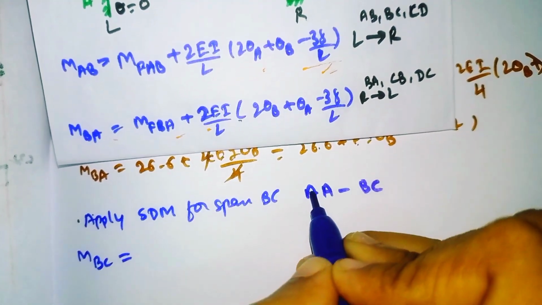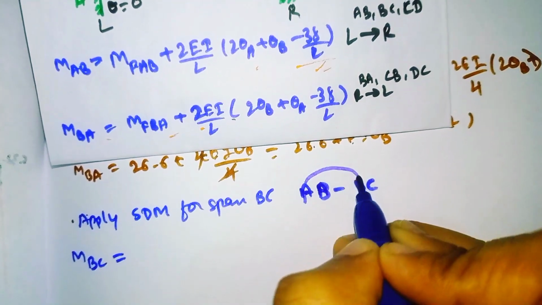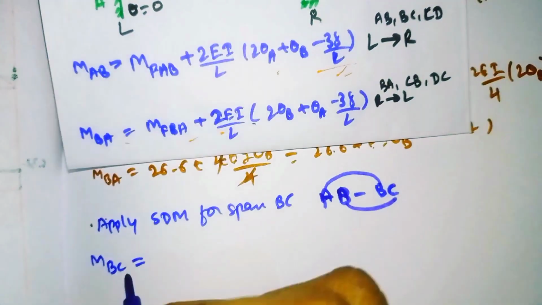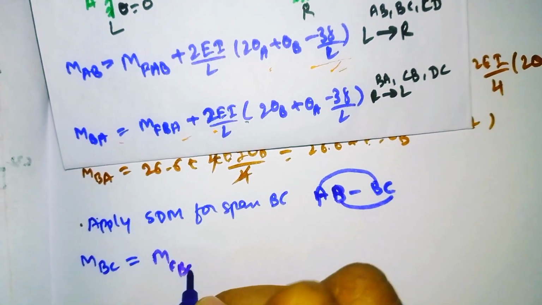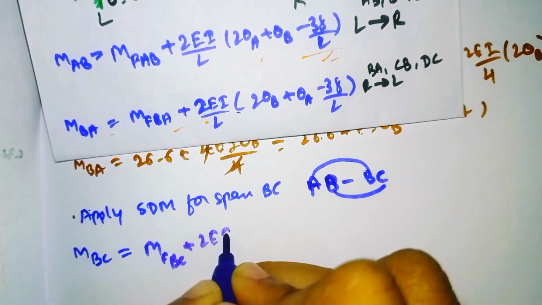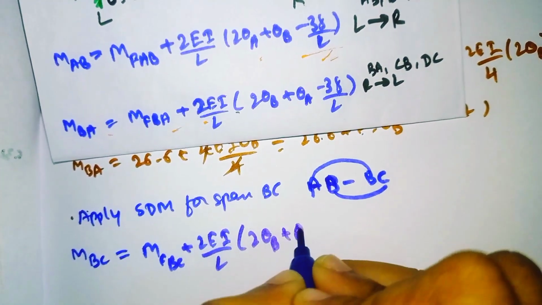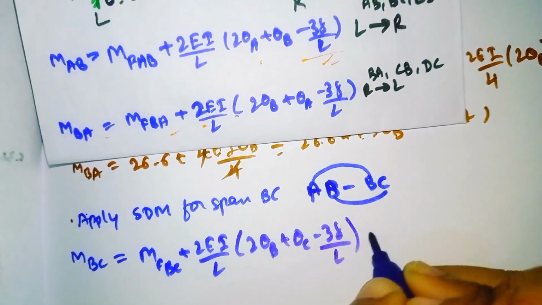In case of A we need to put B, in case of B we need to put C. So MBC is equal to MFBC plus 2EI divided by L into 2 theta B plus theta C minus 3 delta divided by L.